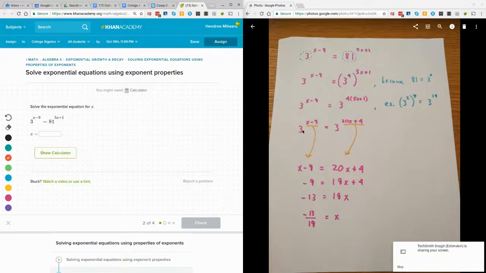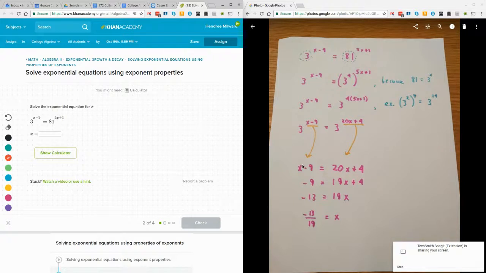And the trick that we're going to use now that we've got the same base, and two things raised to the same exponent, is to just set the two exponents equal. That's because the only way that 3 to some power is ever equal to 3 to some power is if the two powers are the same, right? So x minus 9 has to be equal to 20x plus 4.